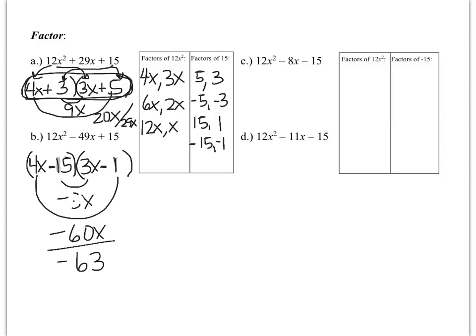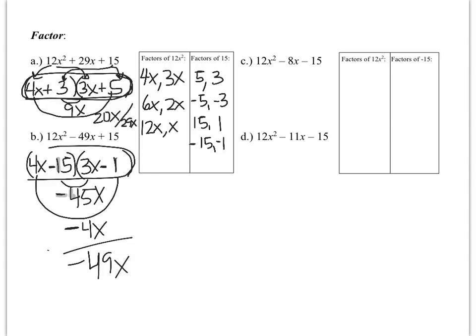And then let's erase what I wrote here and check my inners and my outers again. So now my inners become negative 45x, and then my outers, 4x times negative 1 becomes negative 4x, and when you combine that, you get negative 49x. So we have it. This is the answer.